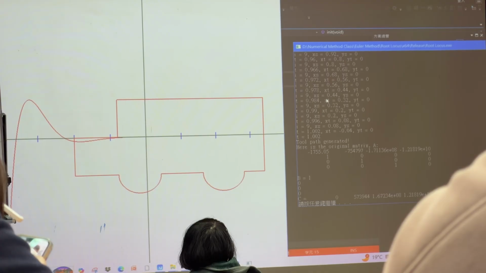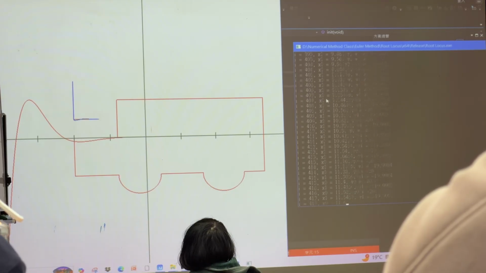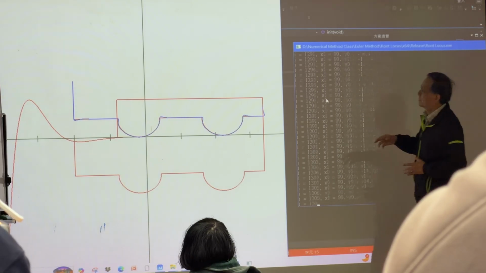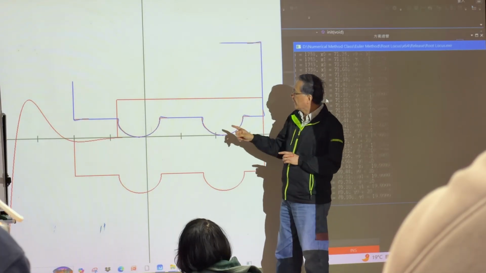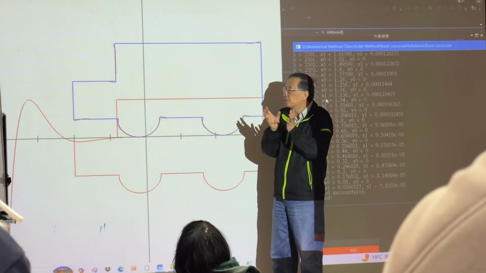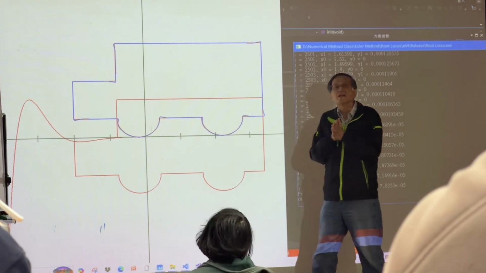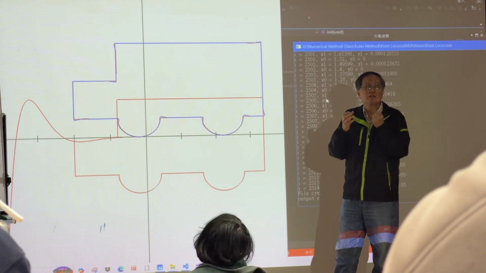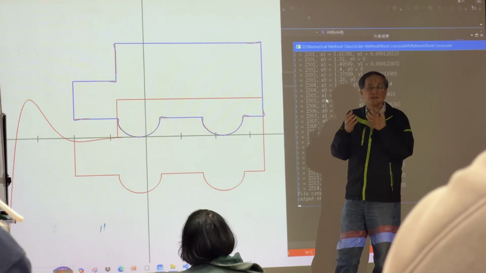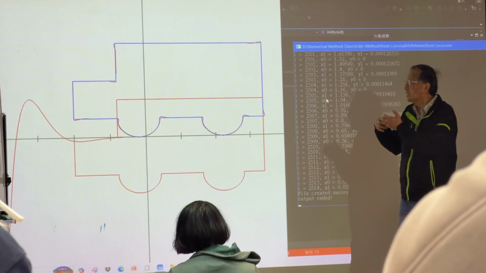So the red color is the original tool path. We want to generate a cutting path like this. Now, when I had the machine dynamics, you will notice the blue one at this corner side is actually a little bit deviating from the original tool path because we have what we call dynamic delay.